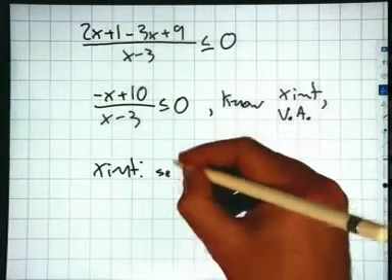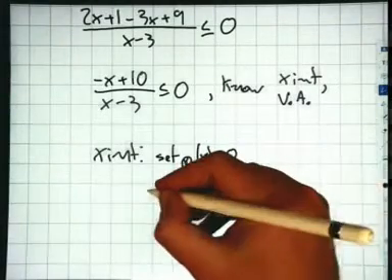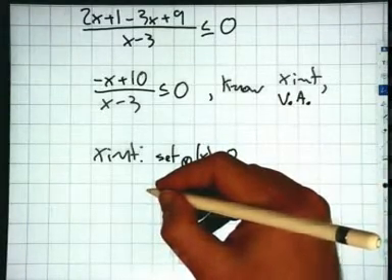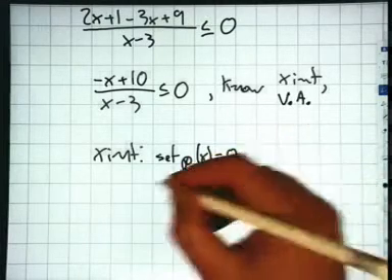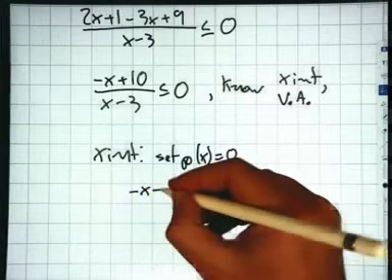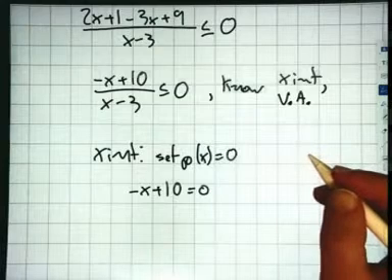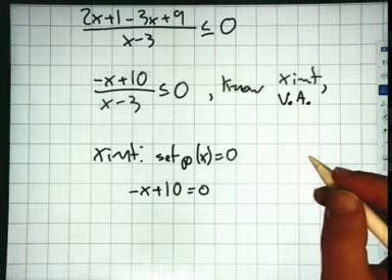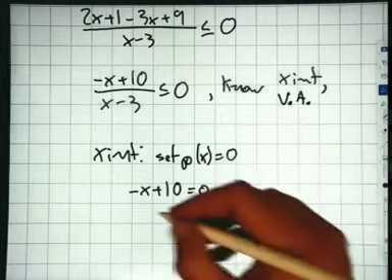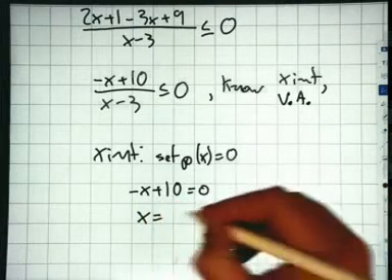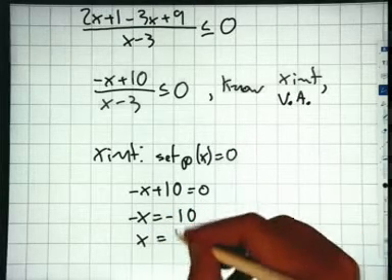We set p of x, or the numerator, equal to 0. So p of x equal to 0 means you have negative x plus 10 is equal to 0, which then we have negative x is equal to negative 10, which then means x is equal to 10.